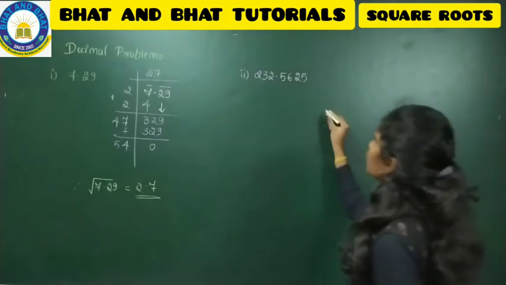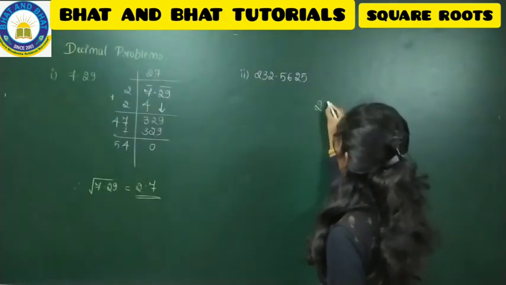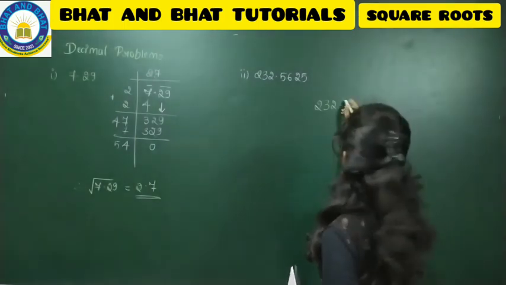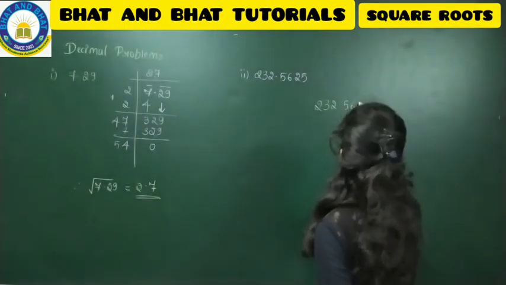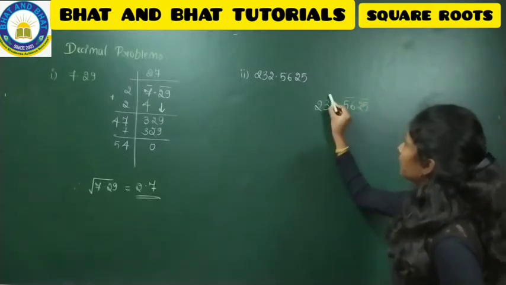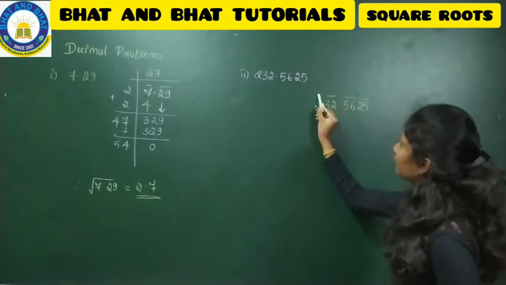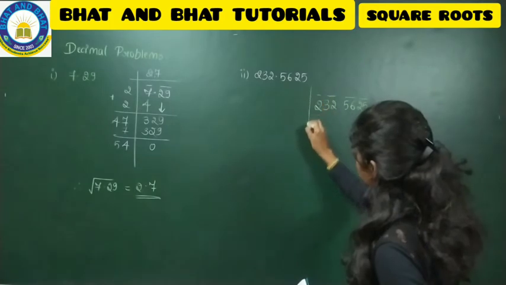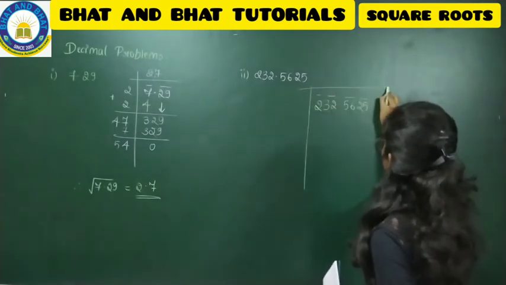See here, first what we have to do, we have to pair the numbers. So before that, write the number once, 232.5625. Pair the number. 25 is one pair, 56 is one pair, 32 is one pair, 2 as it is stays as one pair. So put the format of division.